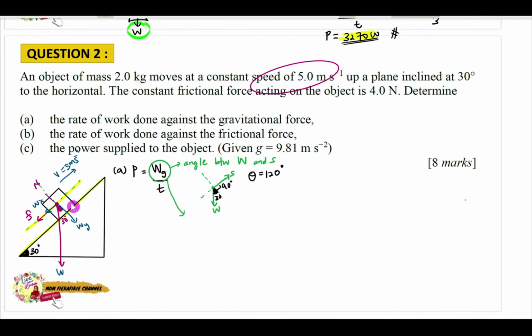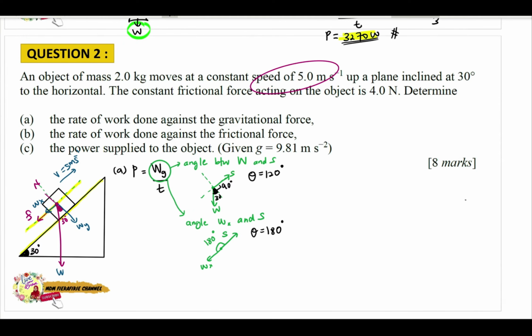We cannot choose a force that is perpendicular to the displacement. So we choose WX. The angle between WX and S: S is in this direction, moving upward, and WX is in the opposite direction. So the angle between WX and S is 180 degree.